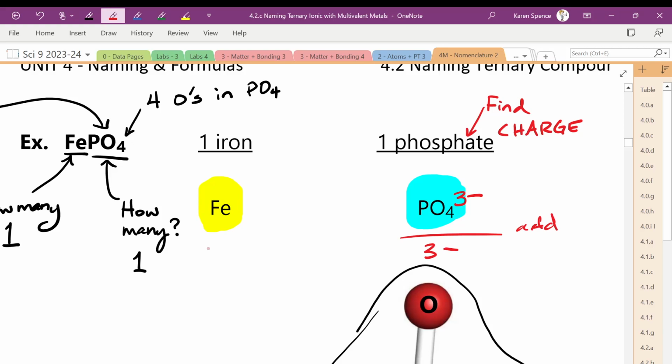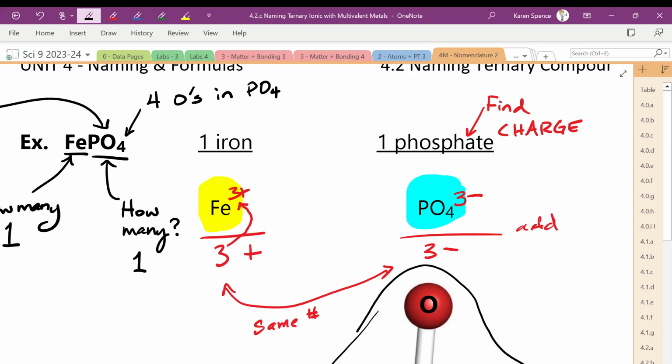And then what do you say about the positive and the negative? They have to be the same number. And so we will have 3 positive. And so all of this 3 is going to go up here, 3 positive. So what will the Roman numeral for iron be? It will be 3, because the 3 tells us the charge.